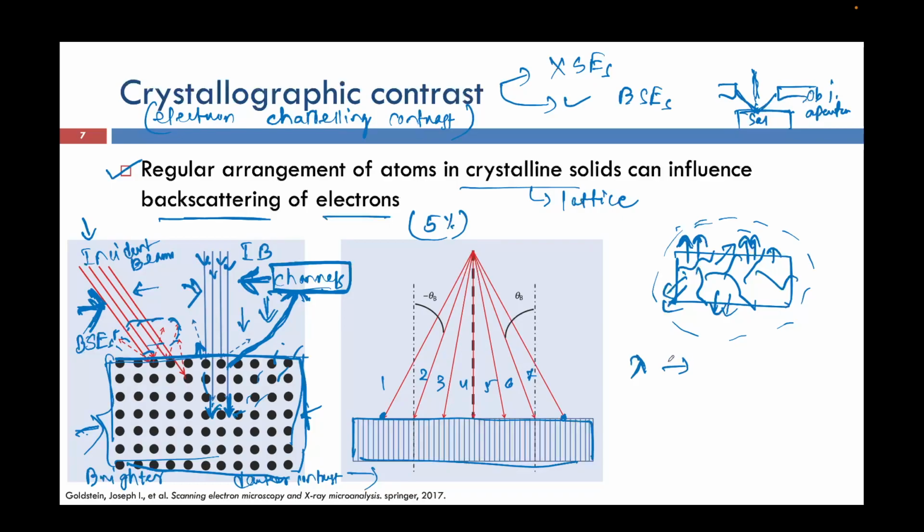What do I mean by critical crystal property? I am saying D, the interplanar spacing, because these channels are related to the atomic density, right? Atomic density means I am talking about planes, so here the interplanar spacing.